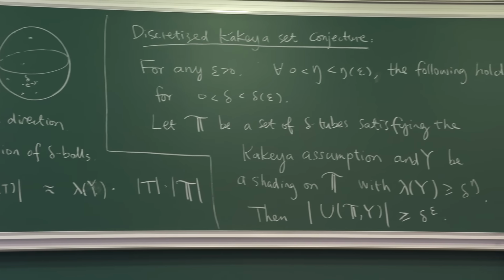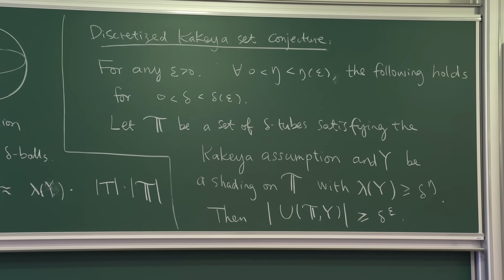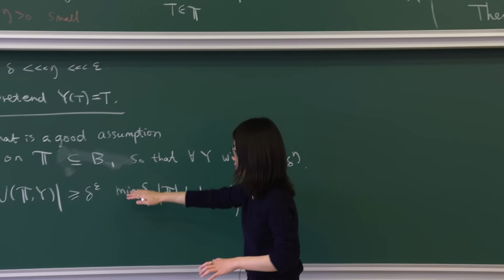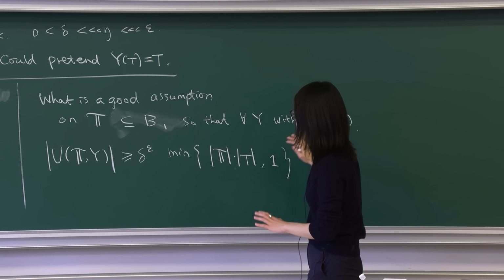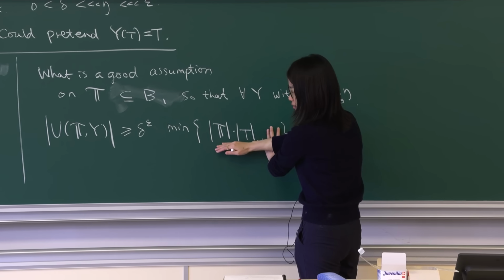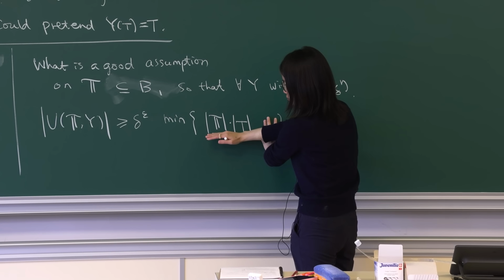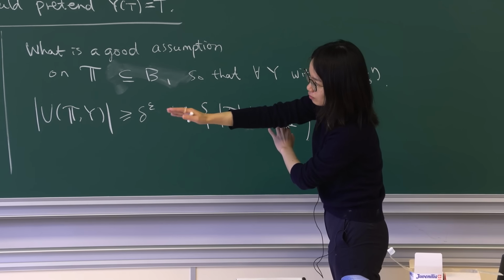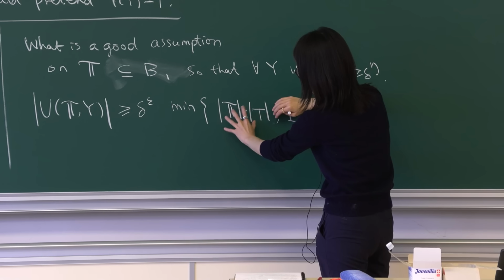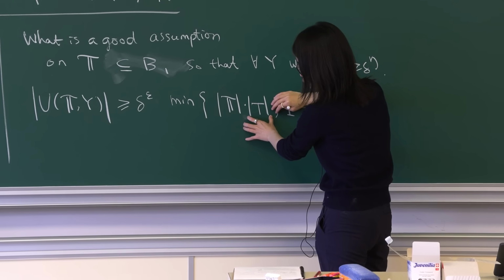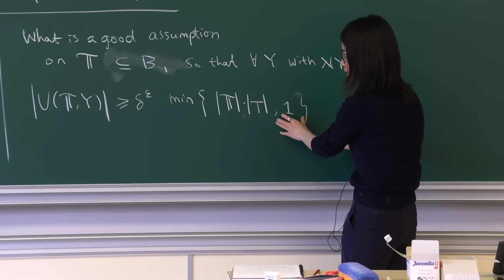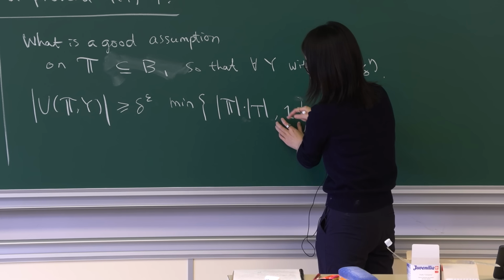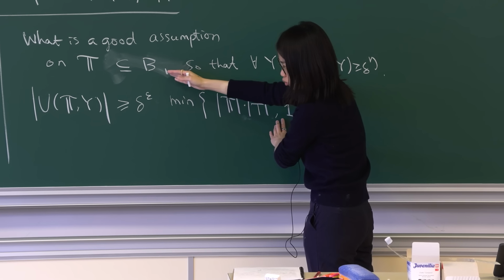So what is a good assumption? The terms here mean the following. This first term, if we ignore this epsilon and eta, just means that the tubes are essentially disjoint, because if they are disjoint, then the volume of their union should be the number of tubes times the volume of one tube. And the second term means that if there are too many tubes, they essentially fill out the unit ball.